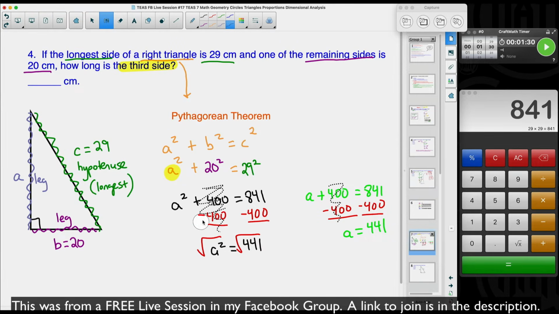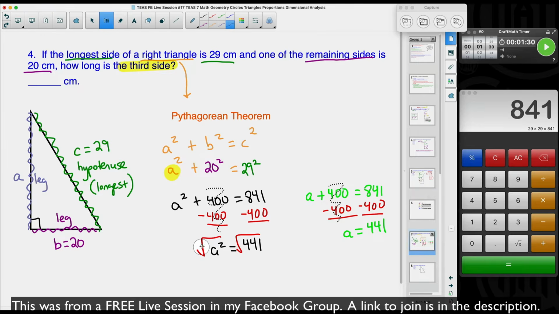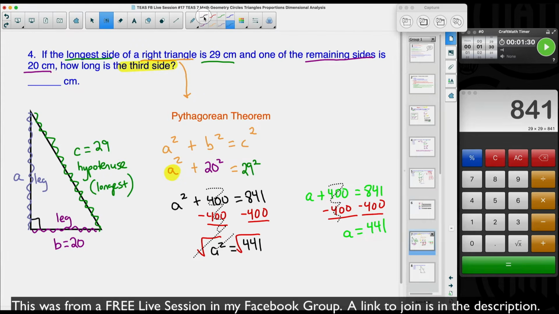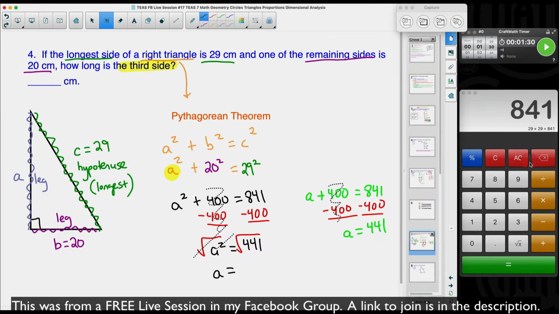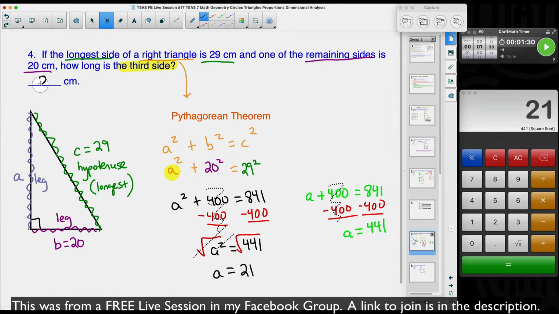You see how I was canceling out here because of the adding and the subtracting? Well, technically speaking, the square root and this squared cancel each other out. This is what truly gives you the A by itself. And then if we type in 441 first, then press the square root, we get 21. That is going to be our missing side.